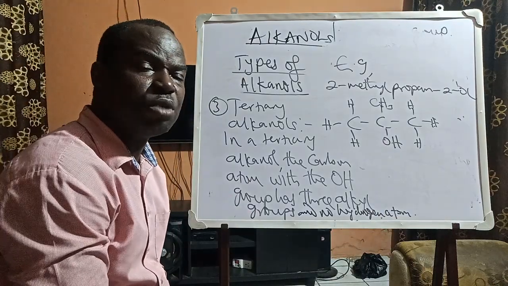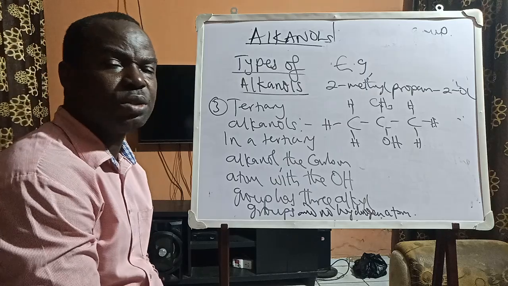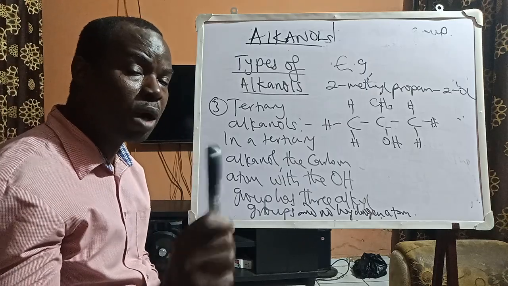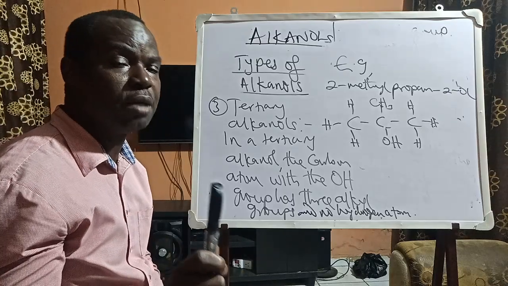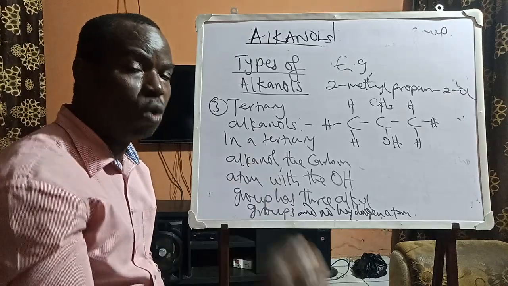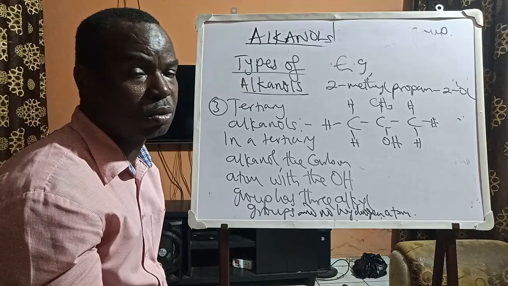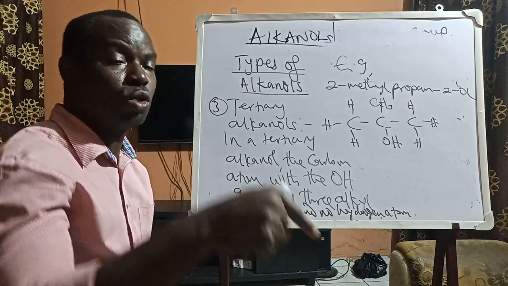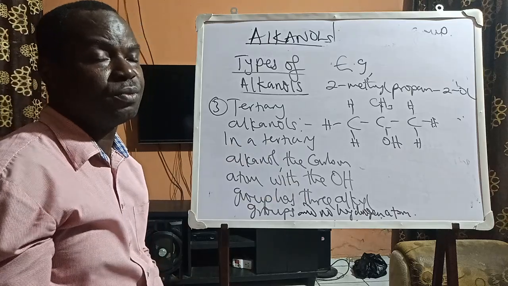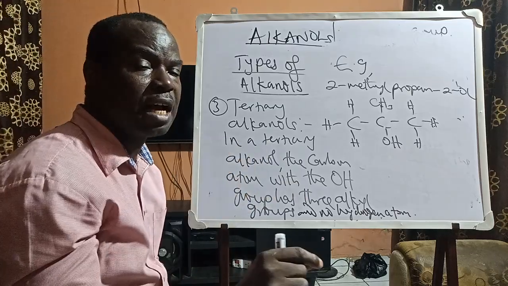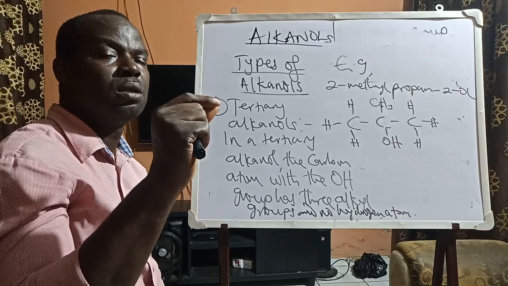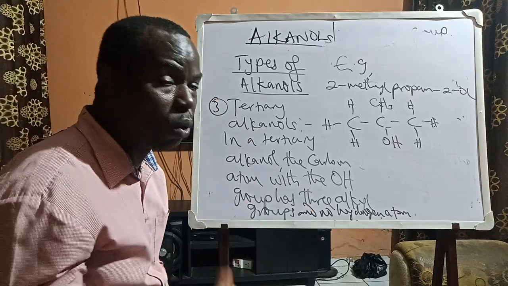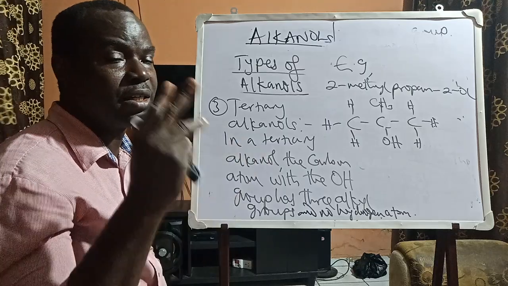I hope you'll be able to differentiate between a primary alkanol, secondary alkanol, and tertiary alkanol. Remember, primary alkanol 1 ol, 1 ol, 1 ol. Okay. Secondary alkanols 2 ol or 3 ol. Anything other than 1 ol. But the carbon atom that has OH group must have 1 hydrogen atom. Take note. Then tertiary alkanols, the carbon atom with the OH group does not have any hydrogen atom at all. Rather, it has 3 alkyl groups.